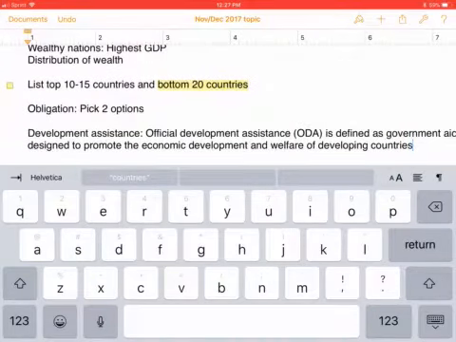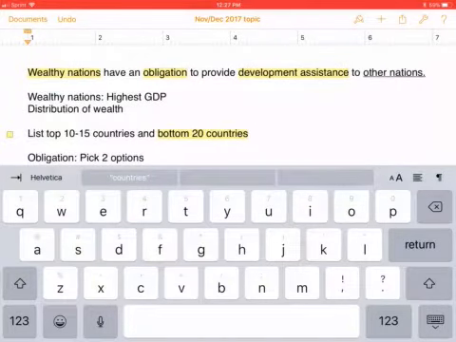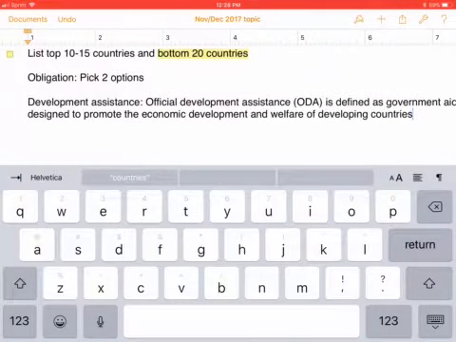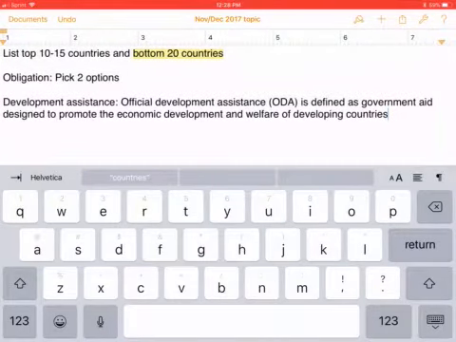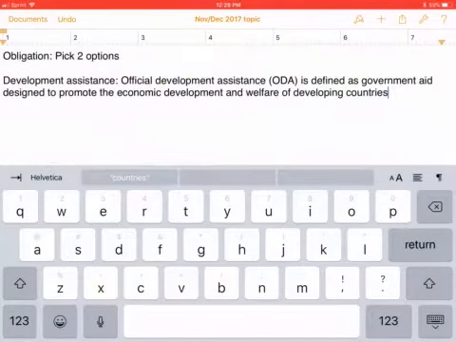So, these are going to be the main definitions, right? And then what you need to do is you need to kind of rethink the way that you're doing this. So it's like these countries, these 10 countries that you list, have an obligation to provide government aid to promote the economic development and welfare of these other nations.